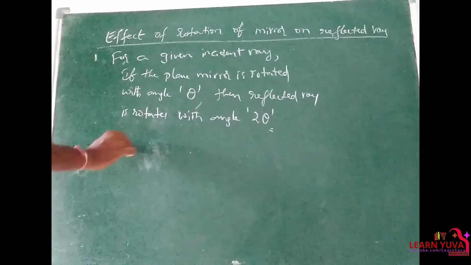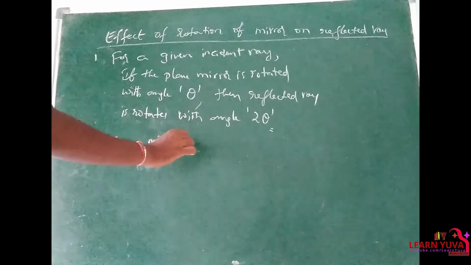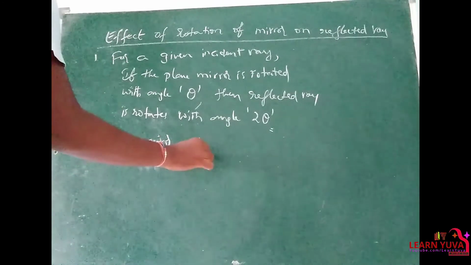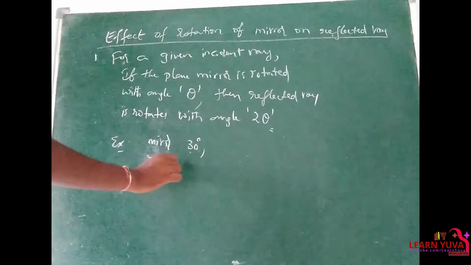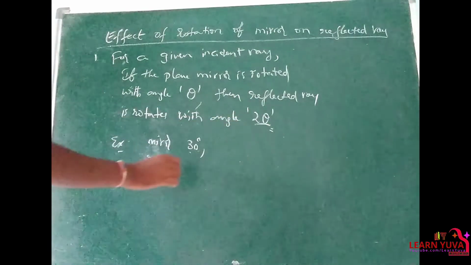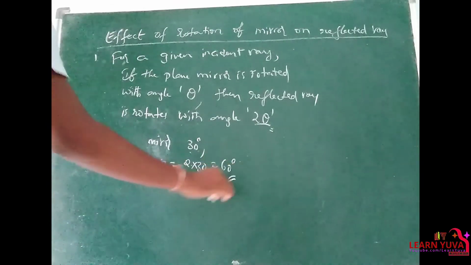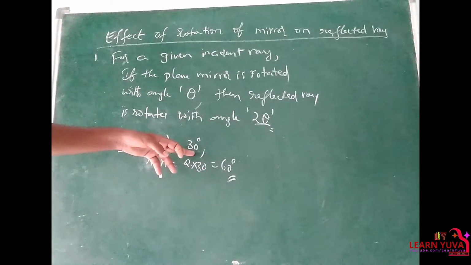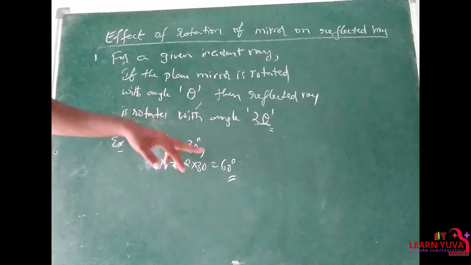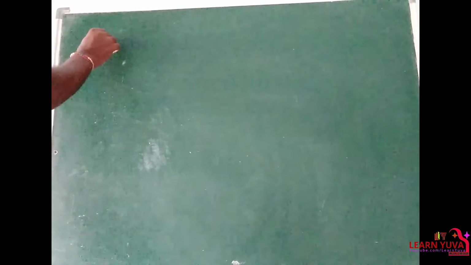For example, if the mirror is rotated with an angle of 30 degrees for a given incident ray, then the reflected ray rotates according to the formula 2 theta. So 2 into 30 is equal to 60 degrees. So if the mirror is rotated by 30 degrees, the reflected ray rotates by 60 degrees. Clear? Let's see examples.